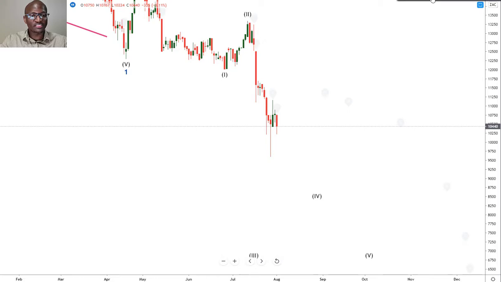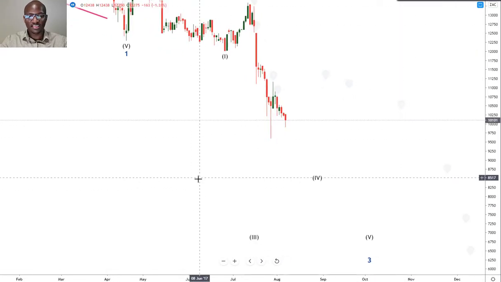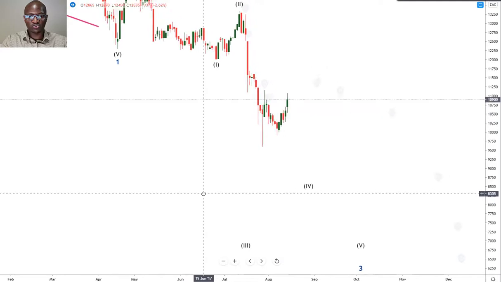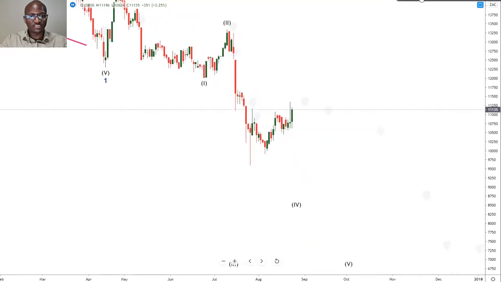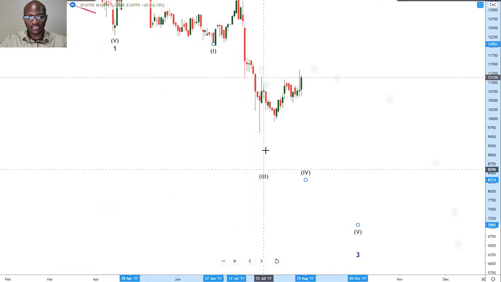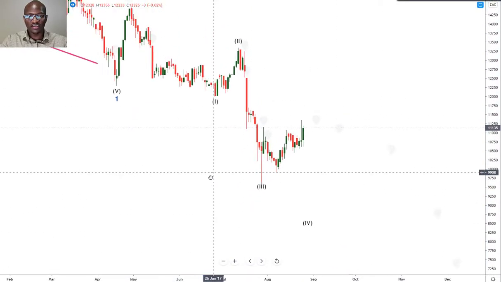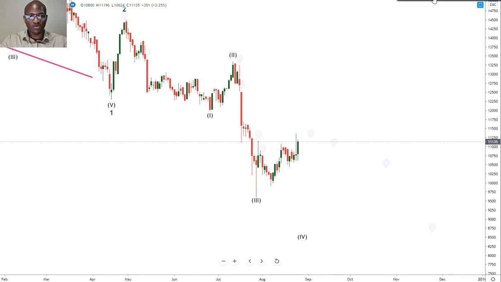But that didn't stop the share price from dropping further, and the market just continues dropping and then starts moving sideways a bit. So at this point, we can label this as wave 3, and now we are building wave 4.